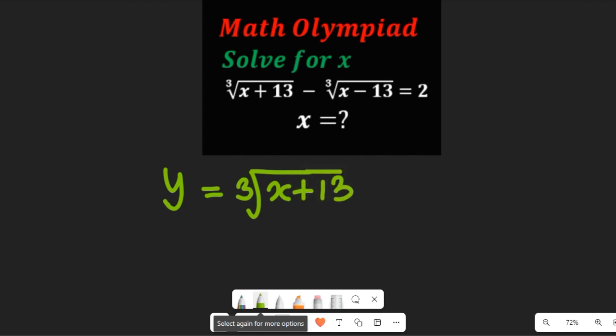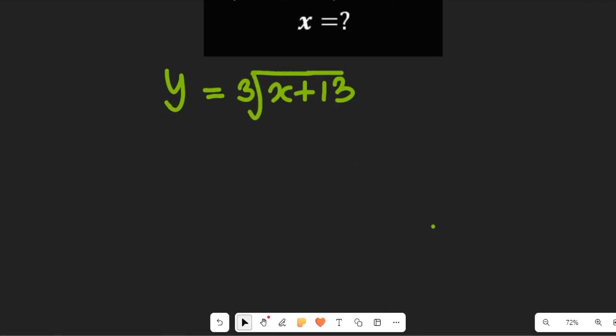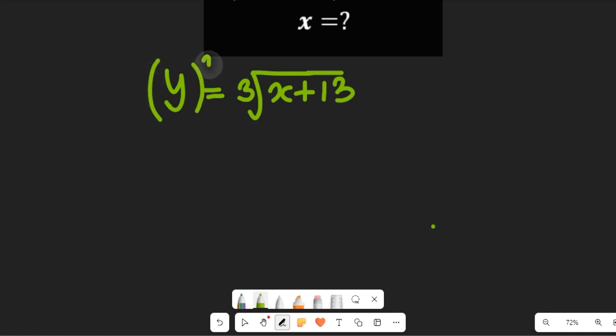If we do that, we can simplify that expression to get the value of y. If we simplify that expression by taking the cube root of both sides, remember, we can only clear a cube root by taking the cube of both sides.